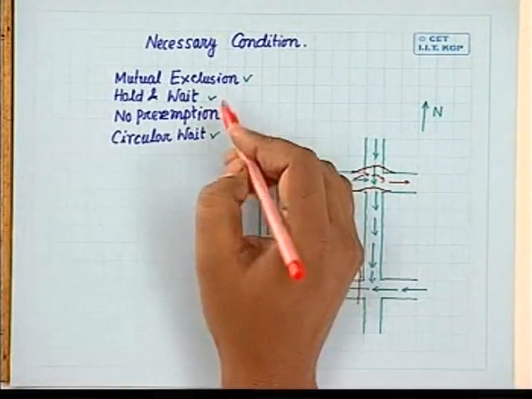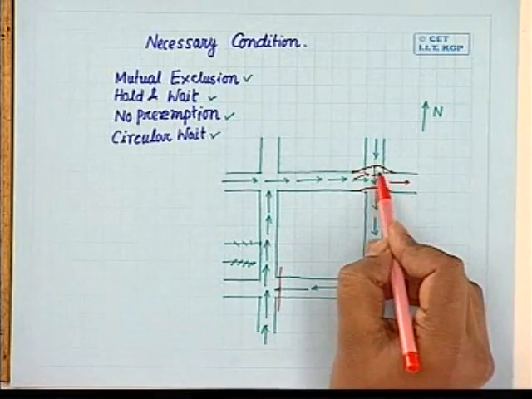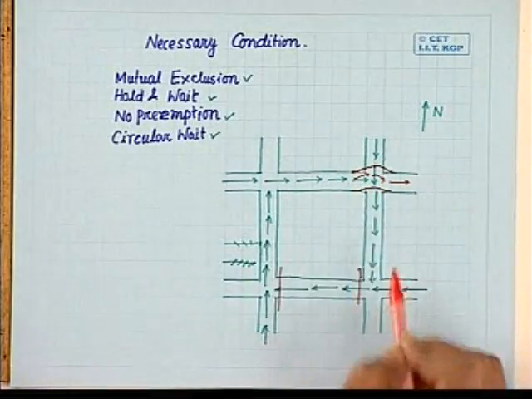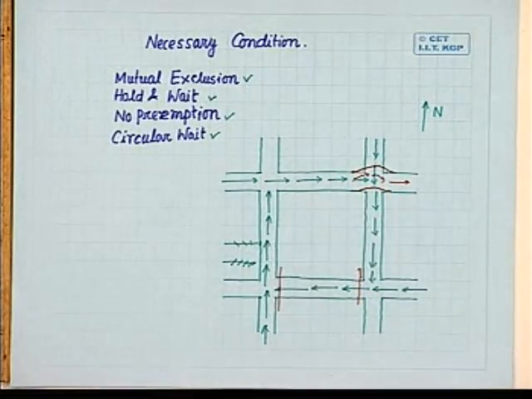Okay. How can I avoid the no preemption condition? If I find that a particular traffic is holding a particular junction, a particular resource, I can simply bring a crane, lift up that particular car and throw it away. So what you are doing is forcibly making that particular resource free.